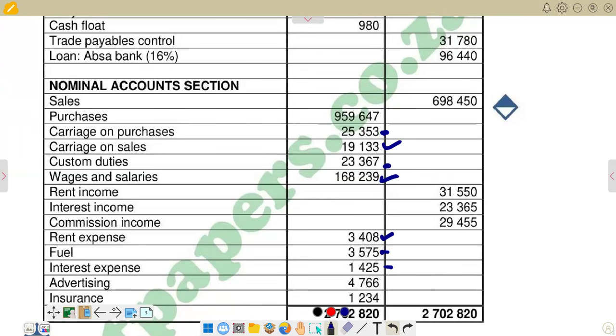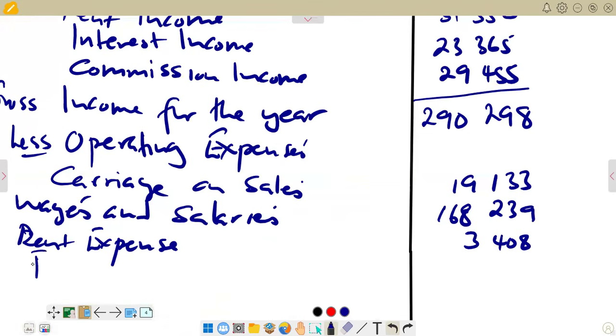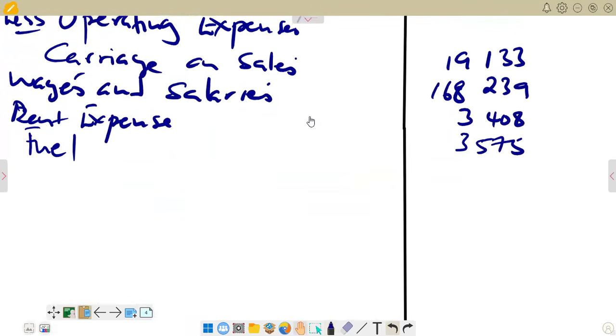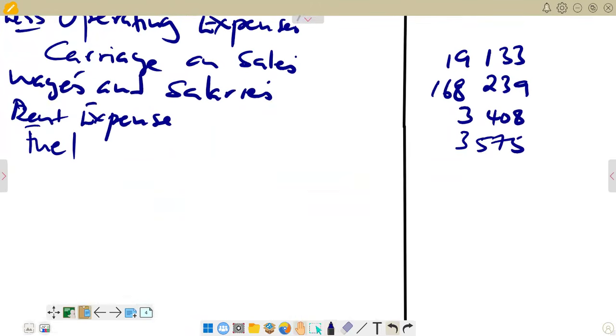So we are saying fuel is 3,575. Then next we have interest expense, we have our 1,425.